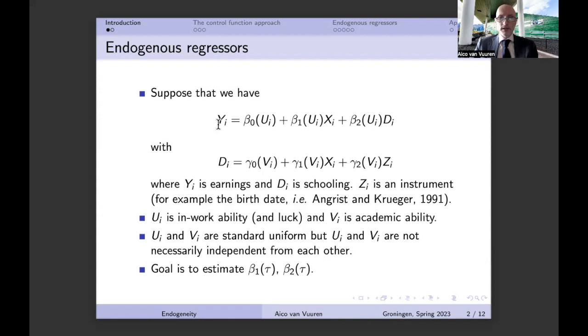You can also think of communication skills and all kinds of other skills that are going to help you to get better wages. Well, apart from ui, we also have vi, and vi can now be seen as academic ability. All those kind of talents that are going to help you in school. Question again arises, what might that be? Well, this may also be intelligence. I do think that it helps at the moment that you're intelligent to receive a higher level of schooling.